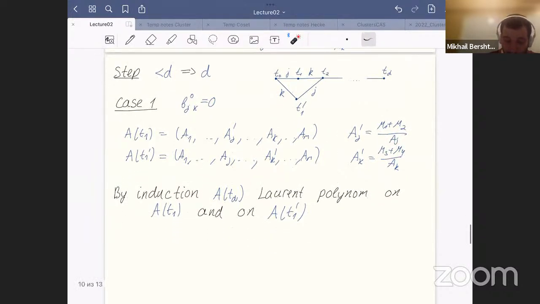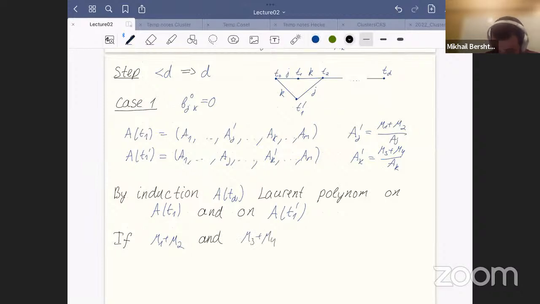So if the polynomials M1 plus M2 and M3 plus M4 are coprime in the ring of functions on A1 through AM, then we are done.